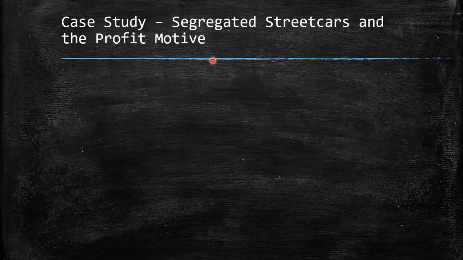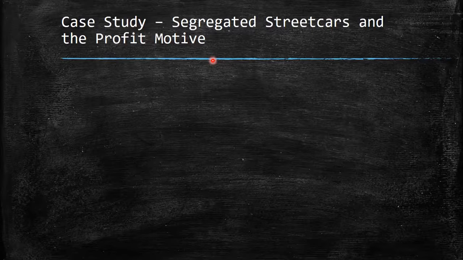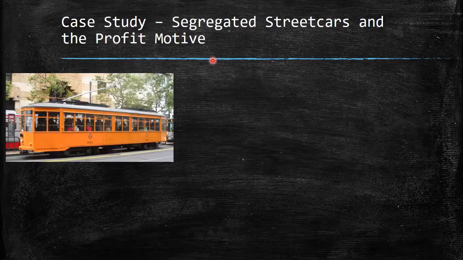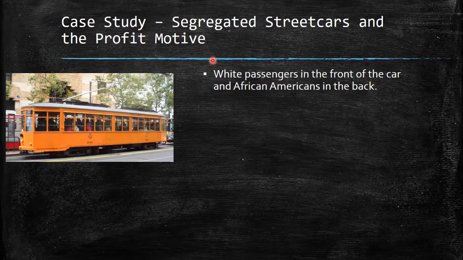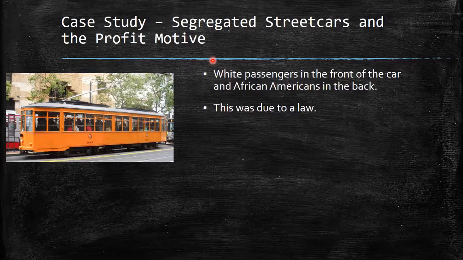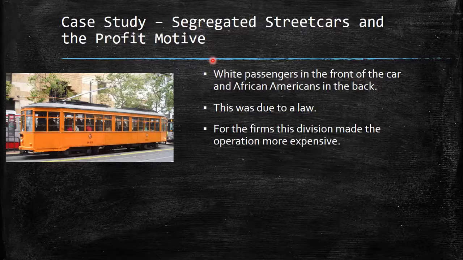But here, as an example, in order to understand this theory better, is the segregated streetcars and the profit motive. Here we have a streetcar, and we know, unfortunately, that white passengers sat in the front of the car and African Americans in the back. This was due to a law. At the end, for the firms, this division made the operation more expensive.